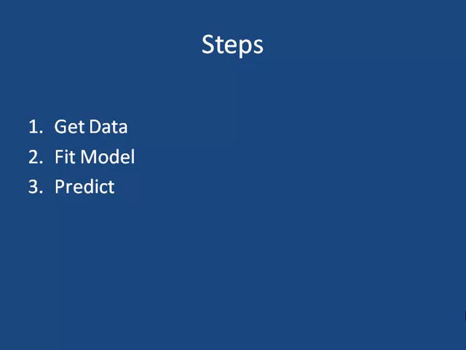Once we've fit our model, then we can predict. If our data is described by this model with these parameters, then the possible future paths are given. So we should be able to predict.